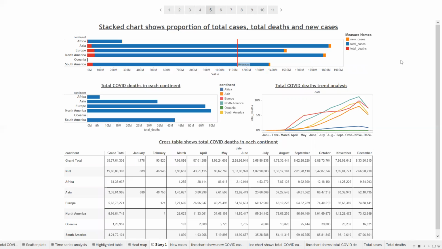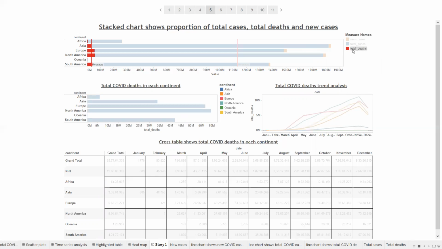Now let's proceed ahead. Here I'm going to analyze the total COVID deaths, which is highlighted in red color. So if I filter based on total COVID deaths, I can see that North America has the highest total COVID deaths, which is above 59 million, followed by Europe, which is above 56 million, and then South America, which is above 42 million.